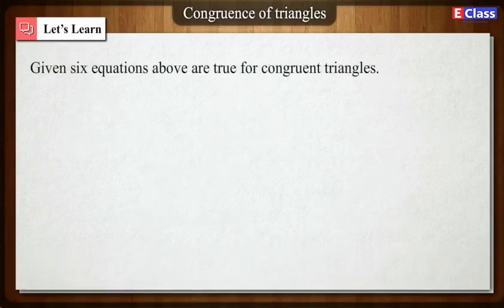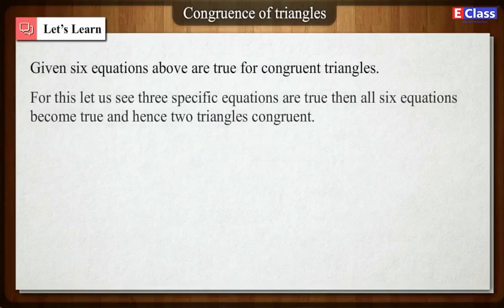The 6 equations above are true for congruent triangles. For this, let us see if 3 specific equations are true, then all 6 equations become true and hence 2 triangles are congruent.